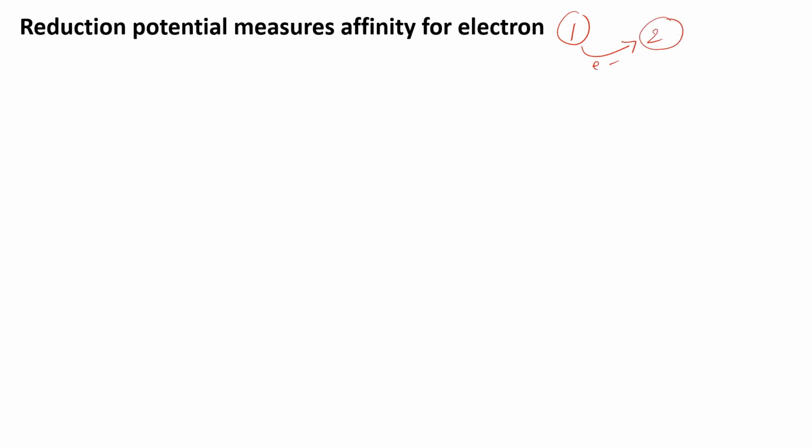That can only happen if 2 has more electron affinity compared to 1. 2 can donate an electron to compound 3 if 3 has more electron affinity than 2. So the flow of electrons depends upon the electron affinity of the acceptor. The acceptor should have more electron affinity, then only it can accept from the donor. And this affinity can be measured using reduction potential in volts.